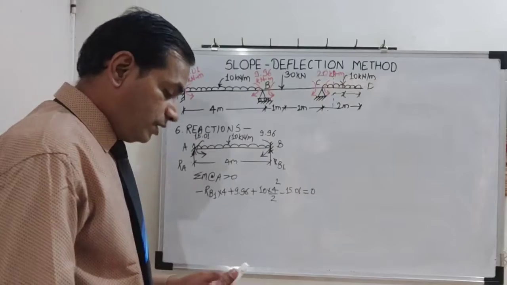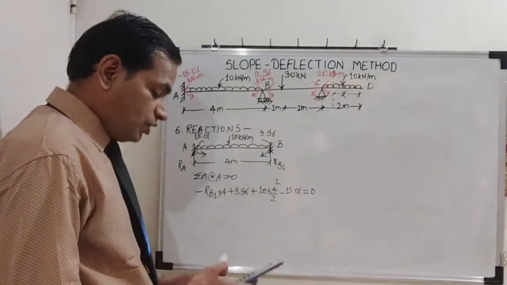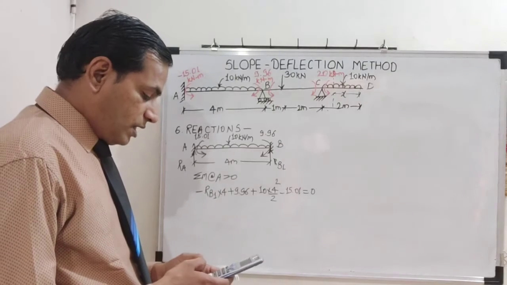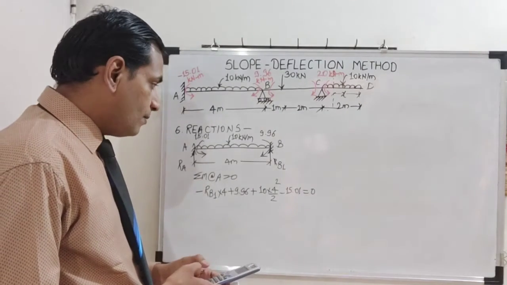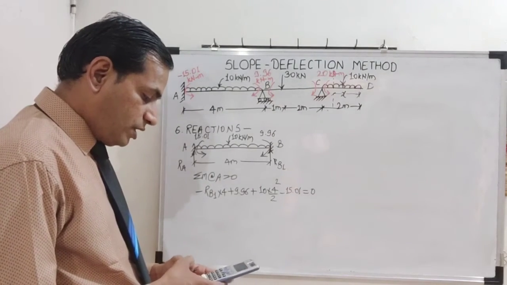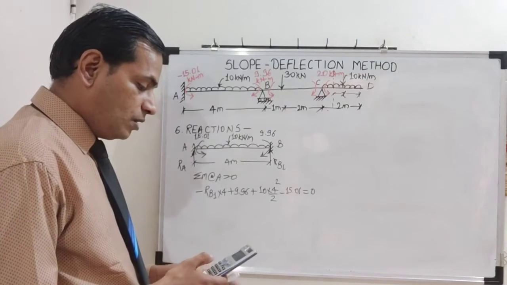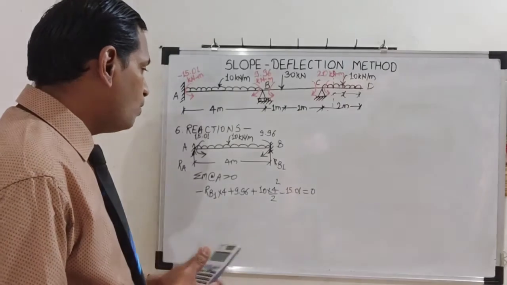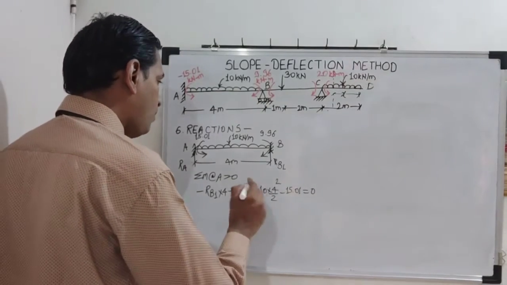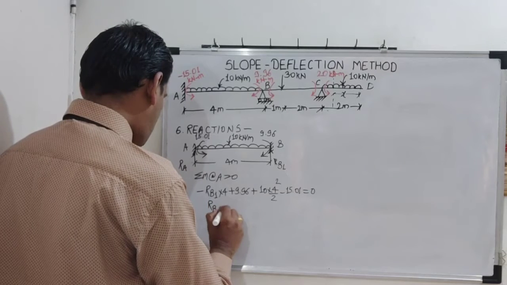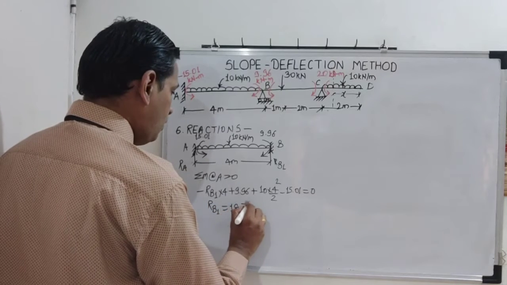So let us calculate this now. So this is 9.96 plus 10 into 4 square by 2 minus 15.01 divided by 4. So it is 18.74 kilonewton. RB1 is 18.74 kilonewton.